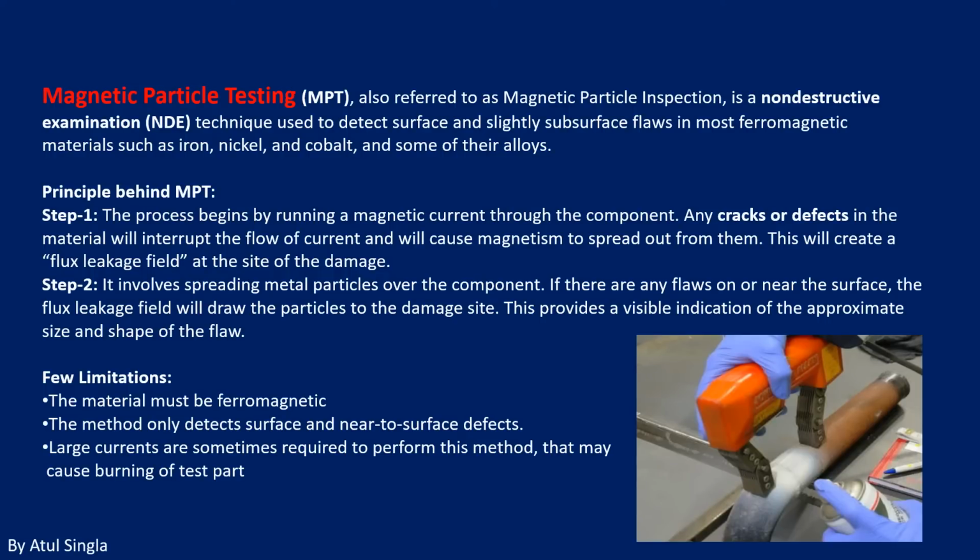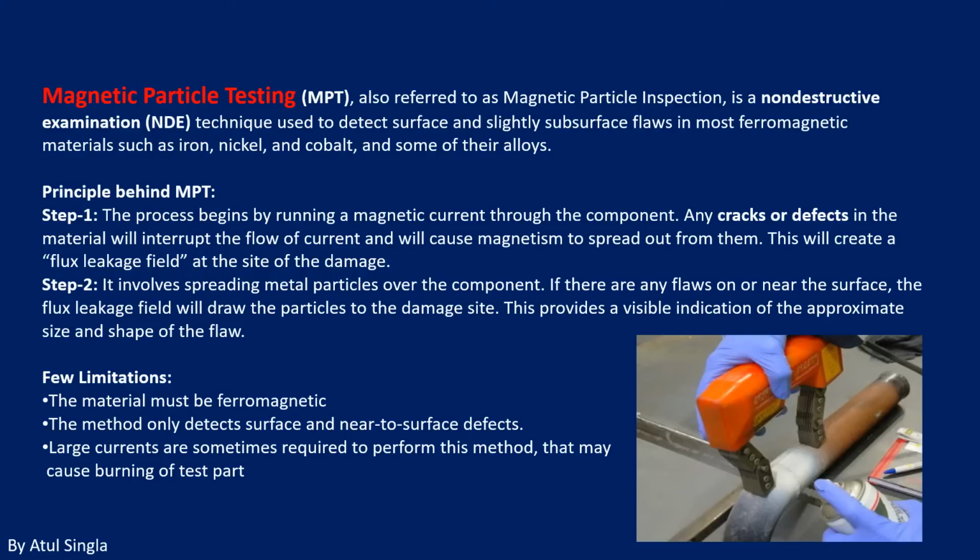Magnetic particle testing. This is again one of the most popular non-destructive testing methods in process industry. Here we are going to detect surface and slightly subsurface flaws, especially in ferromagnetic materials such as iron, nickel, and cobalt.